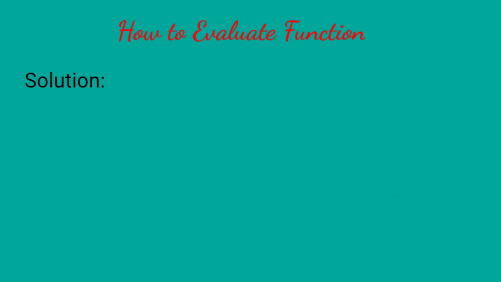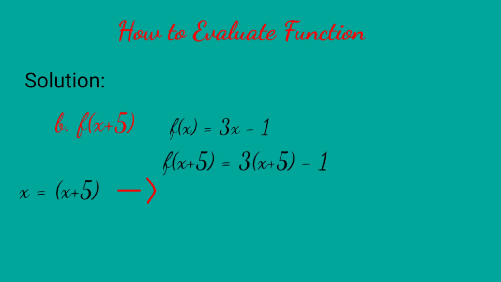So, next, f of x plus 5. So, we have x equal to x plus 5. Then, our function is equal to 3x minus 1. So, we have f of x plus 5 equal to 3. Substitute lang ulit dun sa x, that is x plus 5 minus 1.